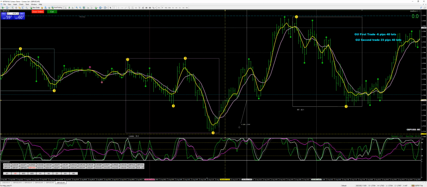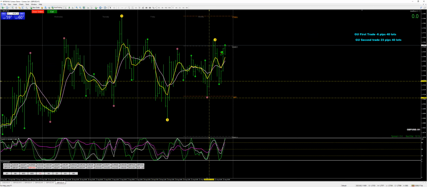And this is still a 40 lot trade. Go back to the 1 hour. And again, target is the resistance up there. And that's a 33 pip trade.